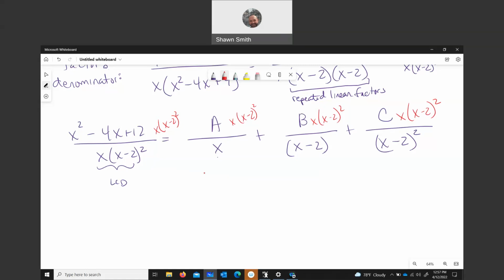All your denominators need to cancel out. This cancels with that. This x cancels with this x. x minus 2 cancels with one of these x minus 2's, so this square will go down to a 1. And x minus 2 squared cancels with x minus 2 all squared.